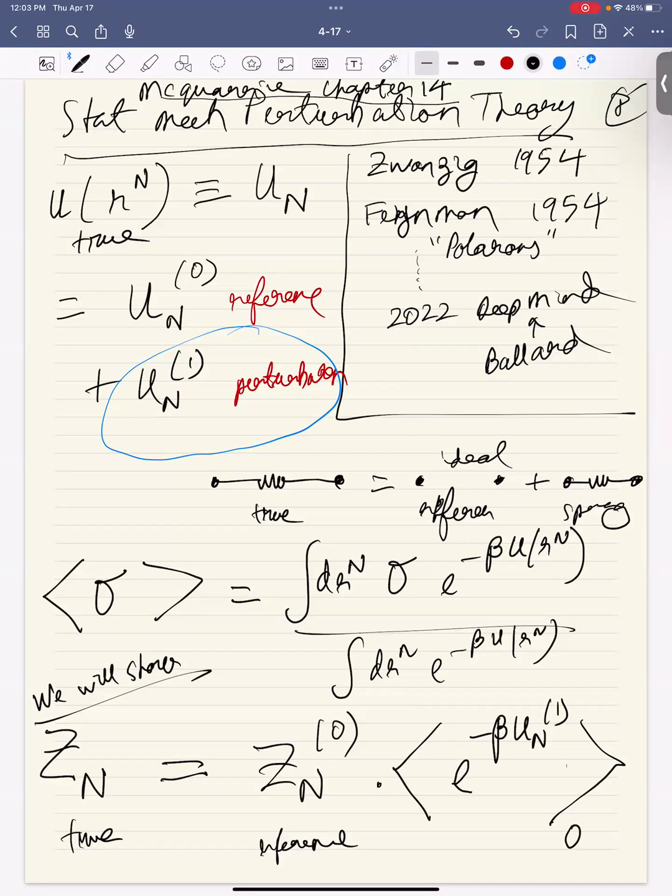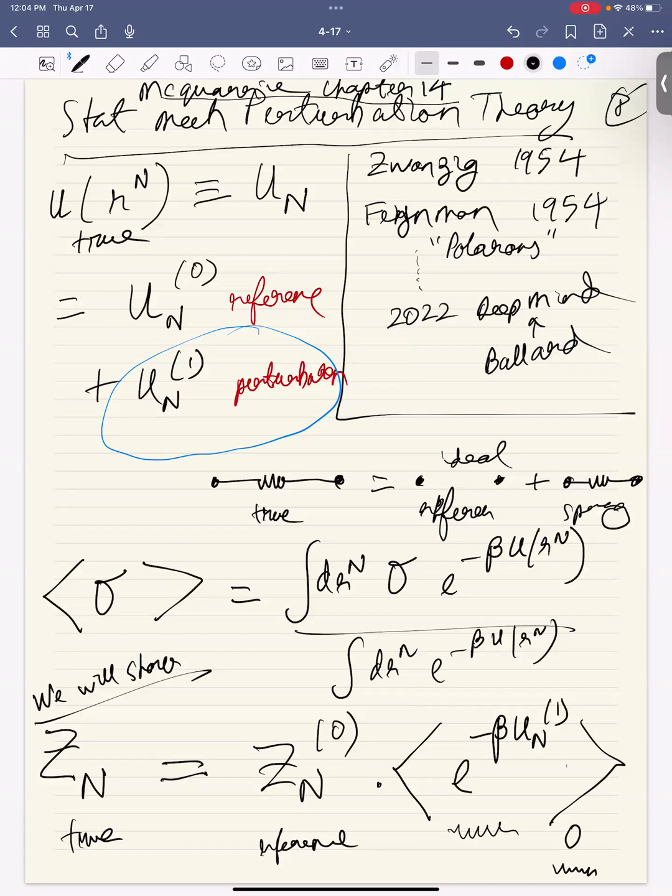And this is what makes this formula so powerful, because this subscript 0 means that you are not going to simulate the complicated system with all interactions. If your reference potential is a hard sphere, you will simulate the hard sphere and just calculate e to the power minus beta Un1 in that hard sphere. You can immediately see why this is elegant, hopefully, but you can also see why this is probably kind of useless if we are not careful.